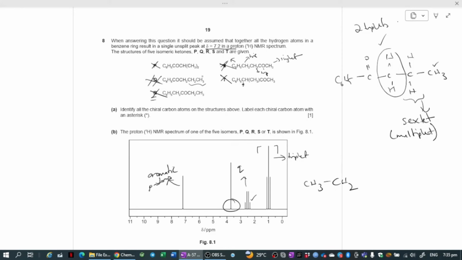If we look at T, will T give a doublet peak? The answer is yes. If we draw the structure of T, C6H5, we have CH, CH3, CO, CH3.